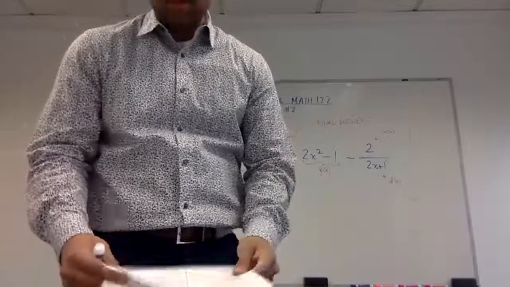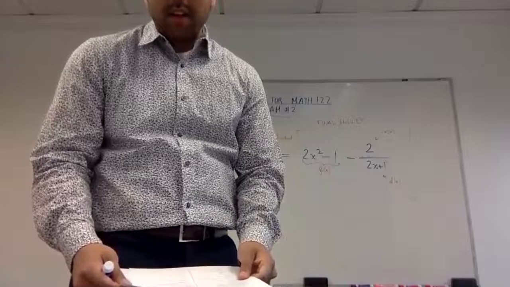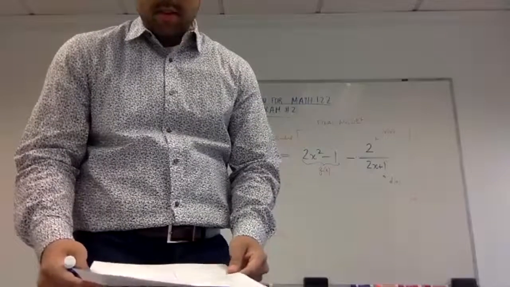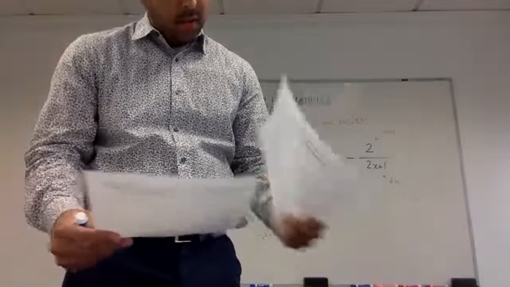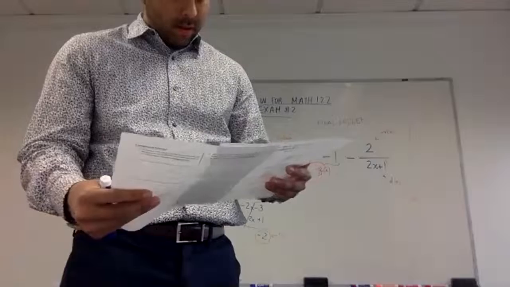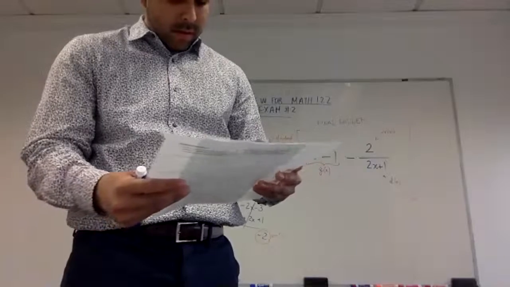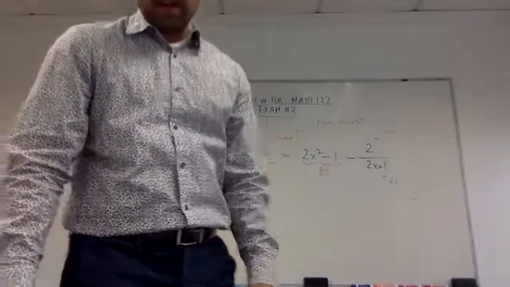Okay, Naji, we want rational functions. 3, 5, and 6. So rational functions. Five and 6. Okay, so we can start with 3. Yeah, Xavier, we are doing the review sheet.